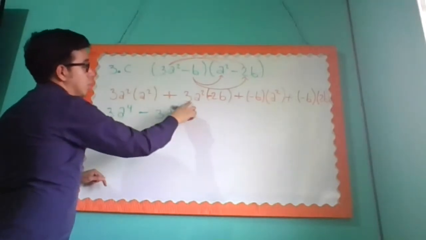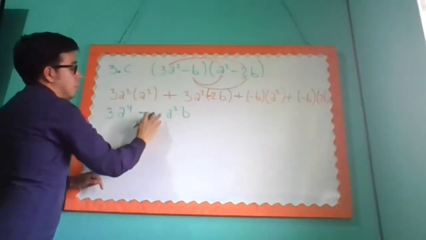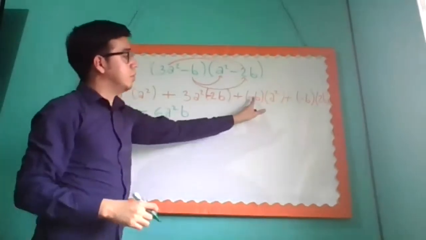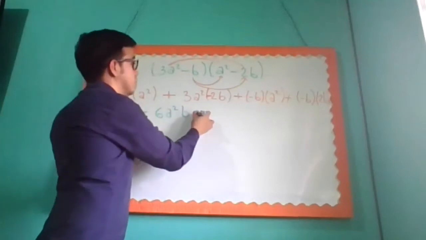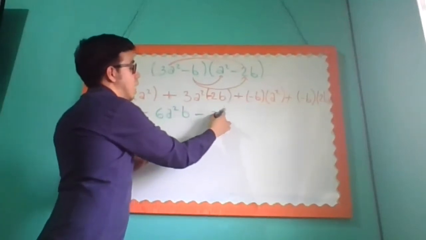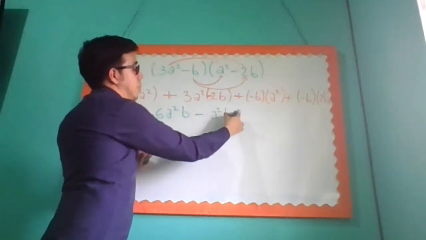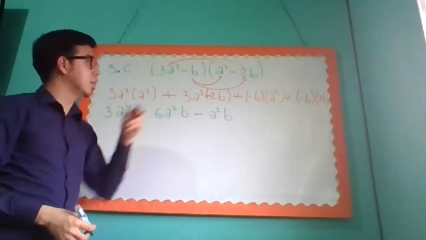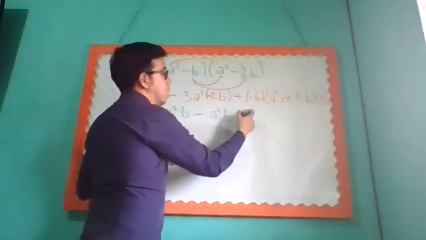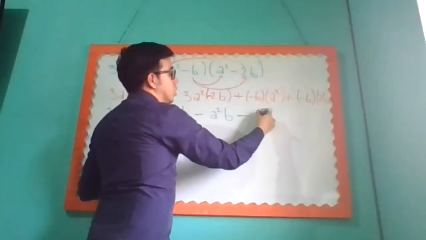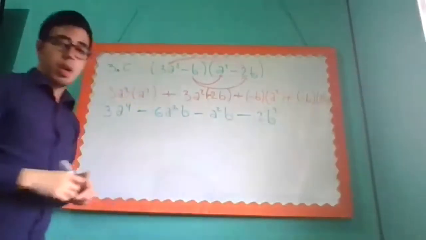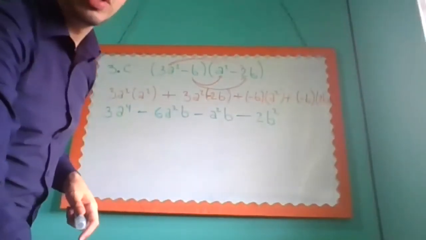It's not 3 because 3 times 2 is 6, so this is 6. Minus a to the power of 2 b. I'm trying to write in the same order. First the a and later the b. Minus 2b to the power of 2. So I think that this is the order that we have.